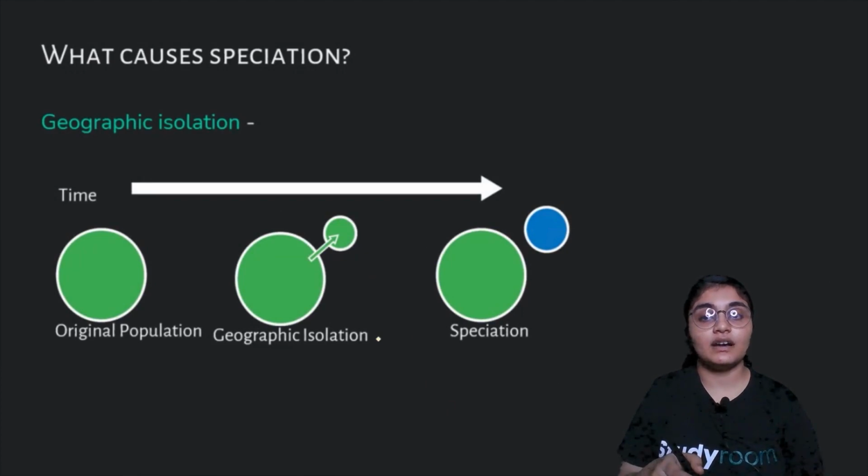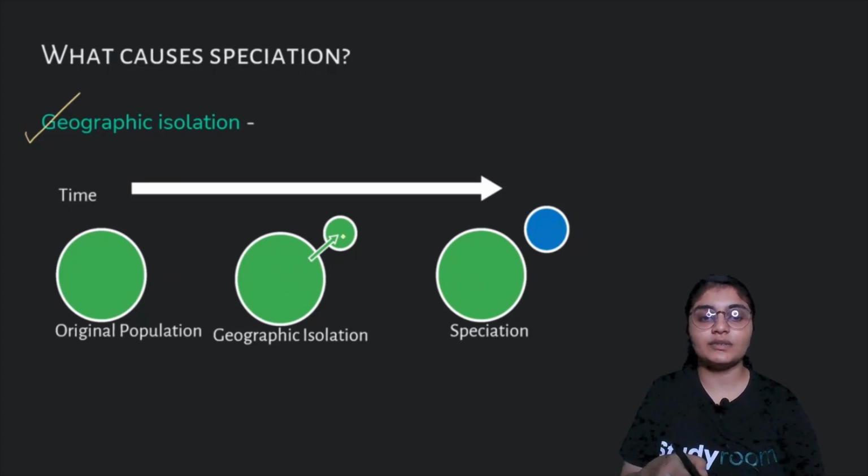Next, what causes speciation? There are certain factors which cause speciation. The first factor is geographical isolation. Geographical isolation means that a part of the population gets isolated from the main population, develops certain characteristics adapting to its new habitat, and becomes a new species.